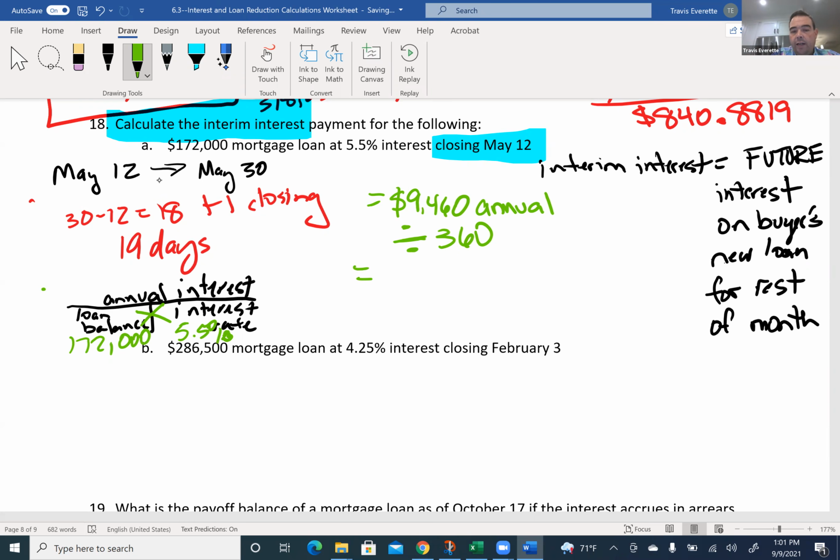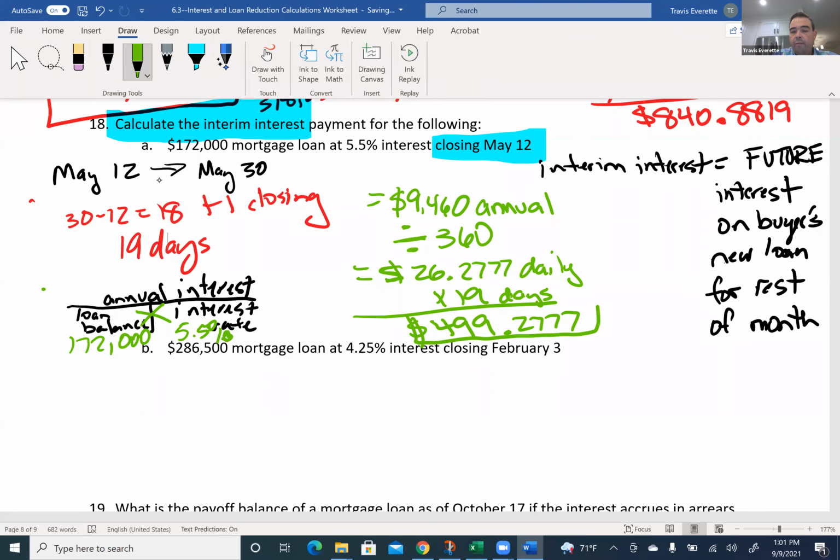We get $26 and about 28 cents, 2777 daily, times 19 days. And that gives us a total of $499 and about 27 or 28 cents for interim interest on that loan.